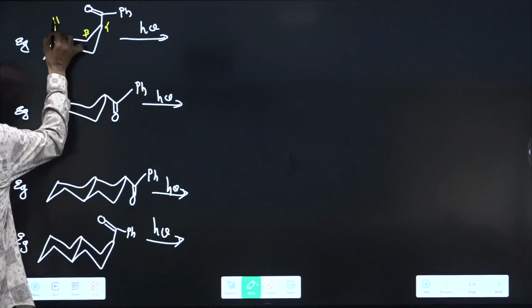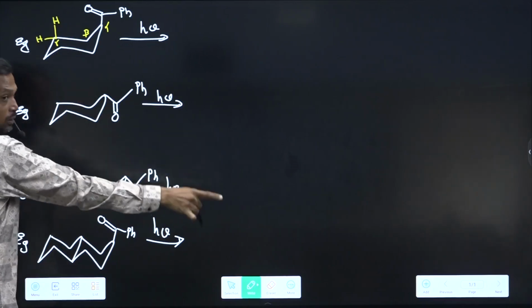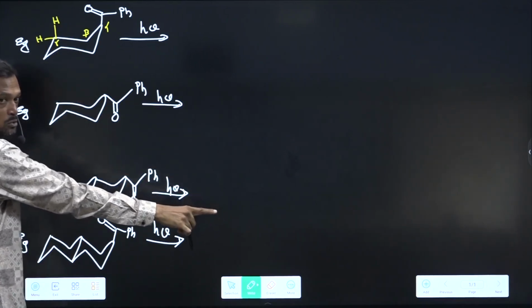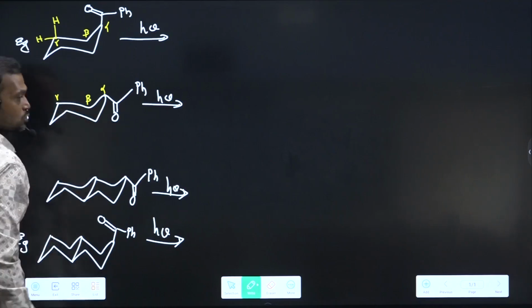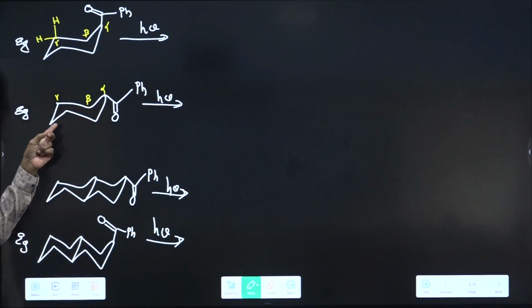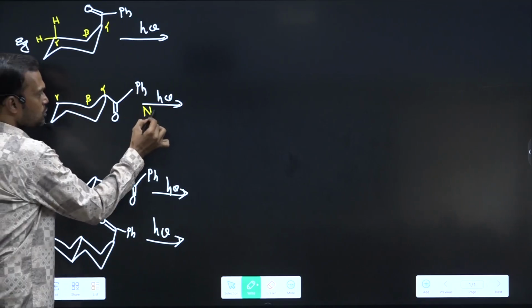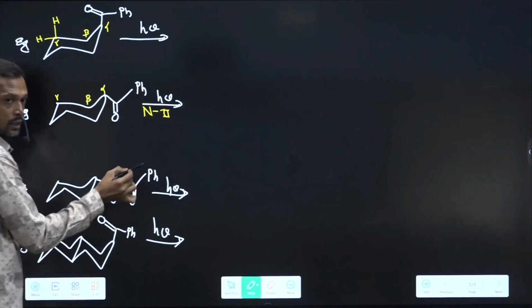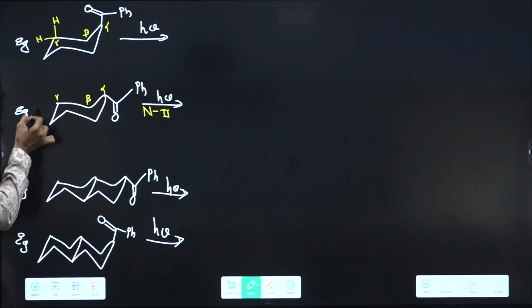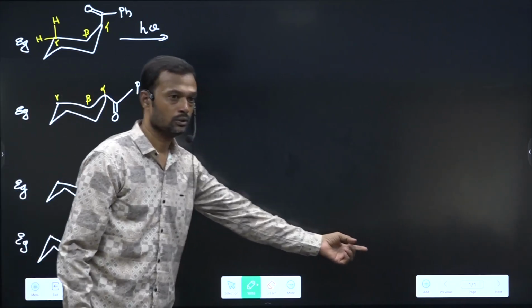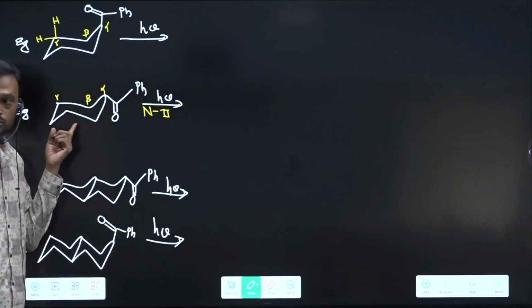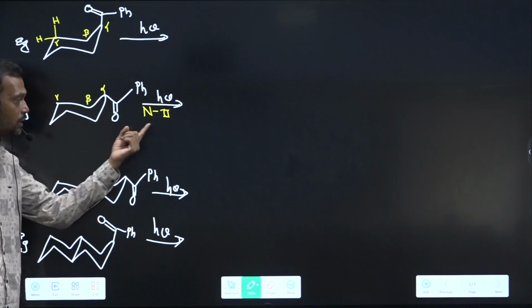This gamma is having hydrogen. See, in the last molecule I gave, I said NAR-1 is possible, not NAR-2. But here NAR-2 is possible. Why is NAR-2 possible in this one? Last molecule, I put a tertiary butyl, I said it is not possible. But right now I am saying NAR-2 is possible.